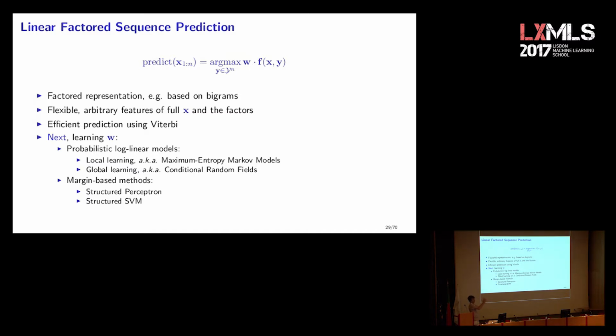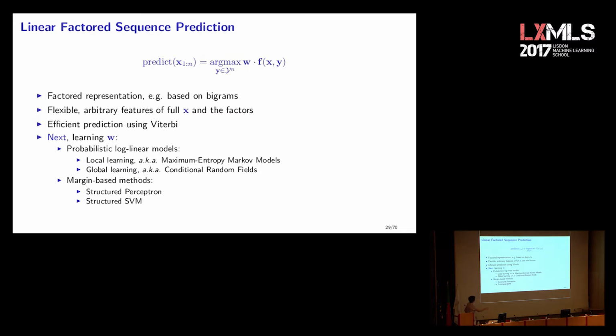So it's handy to break a sequence down into chunks and then represent features of the chunk combined with the input. What is very important is that we combine things of the output and things of the input, because we're trying to decide what's a good assignment of inputs to outputs. So our features need to look at the assignments.